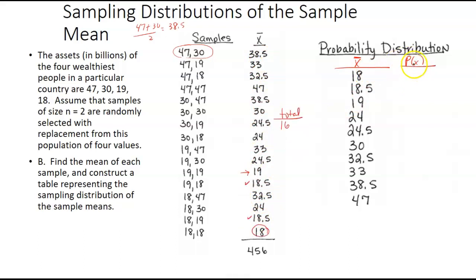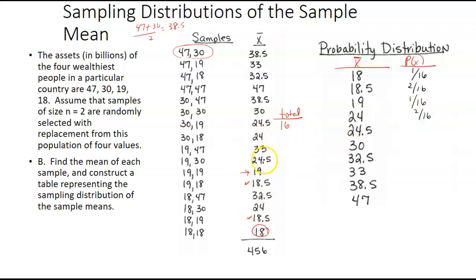To construct our probability distribution, I want to see how many 18s I have. I have 1 18, and that's out of 16 total. For the 18.5s, I have 2 of those, so 2 out of 16. On the 19s, I have 1. On the 24s, I've got 2.